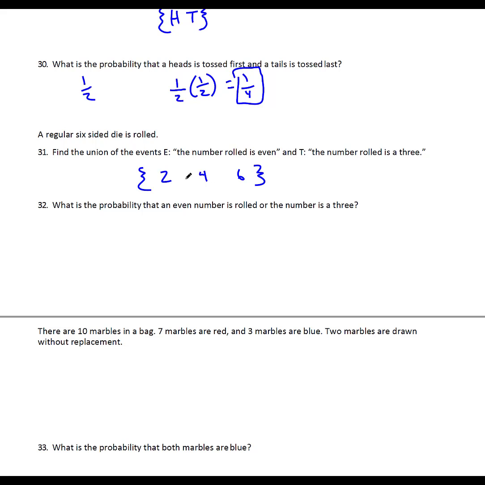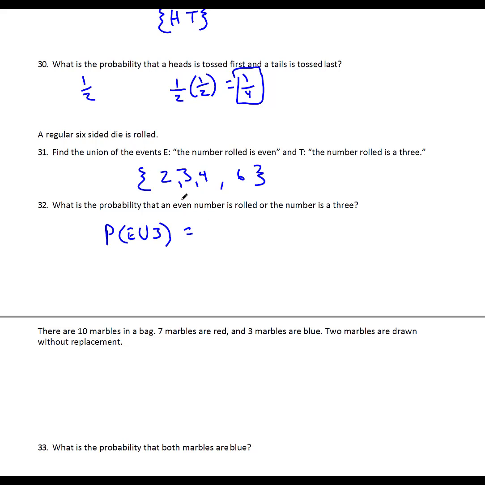Then we can also roll a 3. That's all it's looking for. In other words, you have these numbers that could be rolled for the union. So what is the probability that an even number is rolled or the number 3 is rolled?